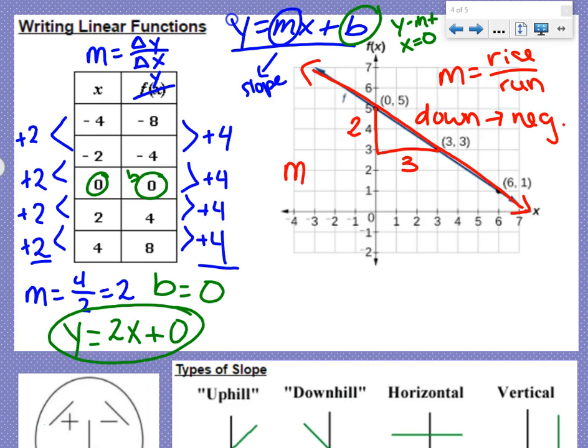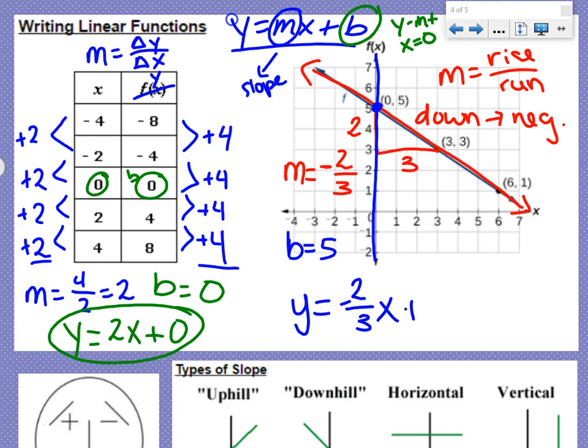So our slope is negative 2 over 3. Our y-intercept is where we cross the y-axis, which is right here at 5, so our b is 5. Writing our equation, y equals negative 2/3 x plus 5.